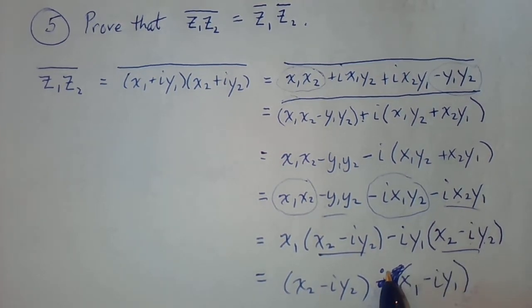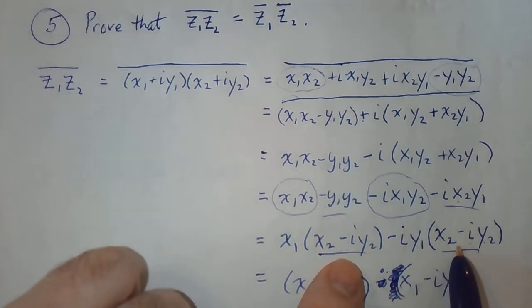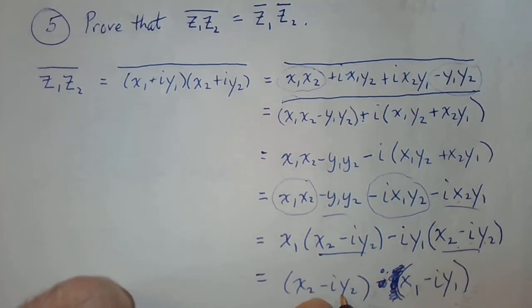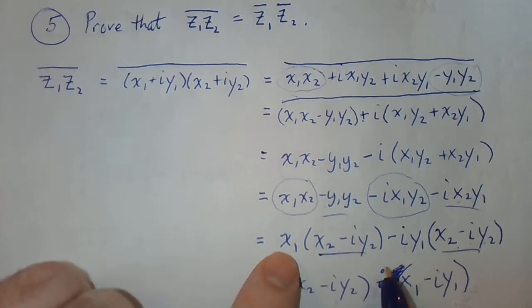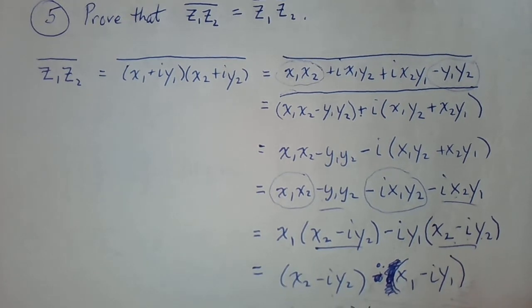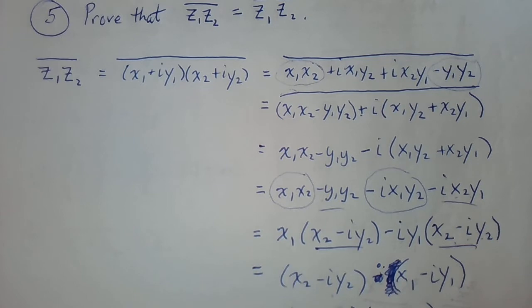This is a product here. I was factoring incorrectly. I chose these two. These are the same factor, so I pulled it out. So it's going to be this times x1 minus i y1. Sorry about that. And now we've got x1 minus i y1. That's just the way it should have been written.